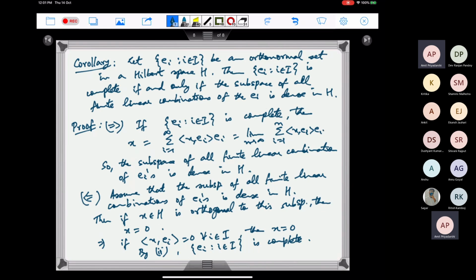So that will do, and then maybe I'll give a few examples of orthonormal basis for some Hilbert space. So for L2, for example, little L2 and capital L2. So that we'll do in the next class.